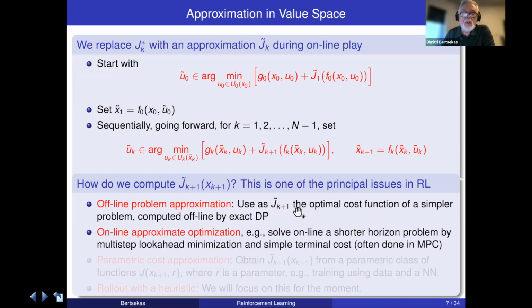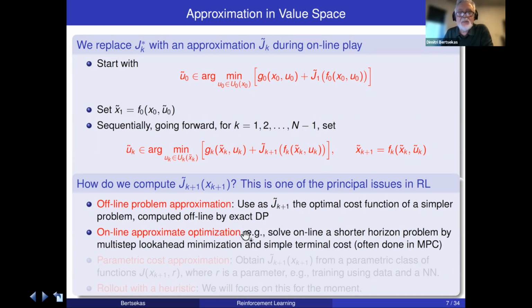So that's one possibility. Another possibility is to do online approximate optimization, whereby we solve online a shorter horizon problem by multi-step look-ahead minimization and a simple terminal cost function. In other words, our original problem may have a long horizon.